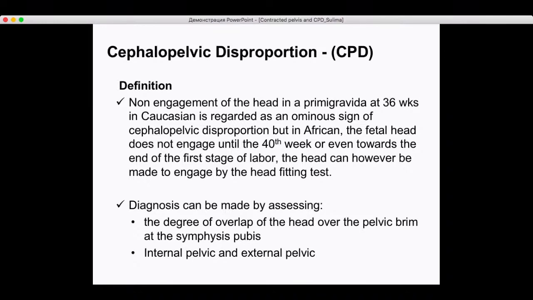You can assess by doing the external pelvimetry, which we discussed before, and the internal pelvis you can estimate by doing a vaginal examination.